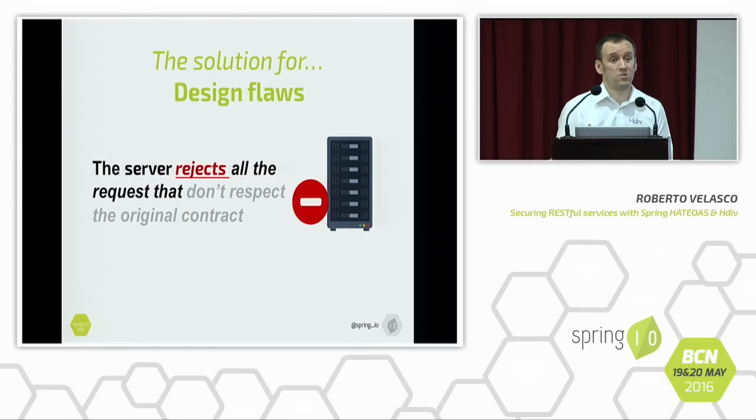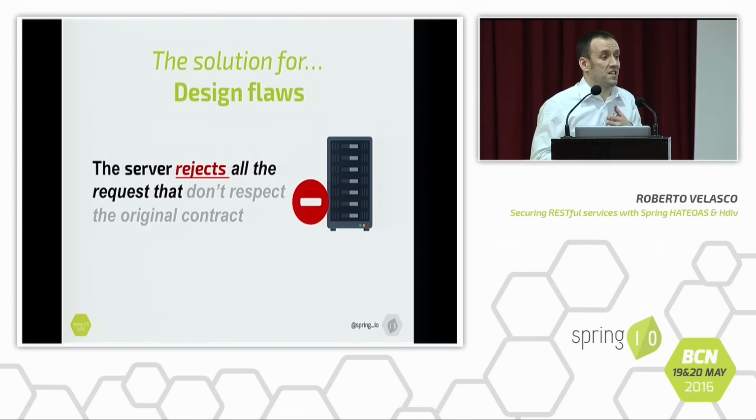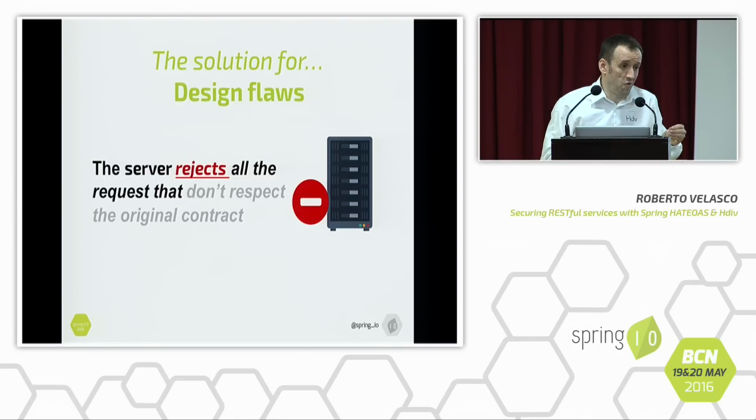It's important to know that we are talking about dynamic APIs. If I am an authenticated user, the URLs that I can access or the form contents that I can access depend on the roles that I have, and on the real-time situation of the server. We are not talking about a static documentation of an API.